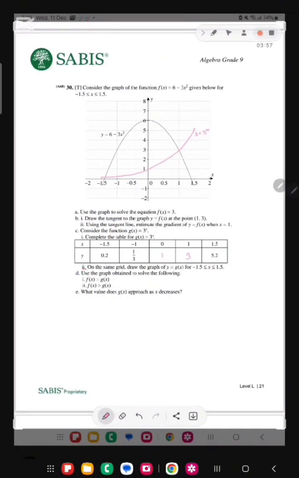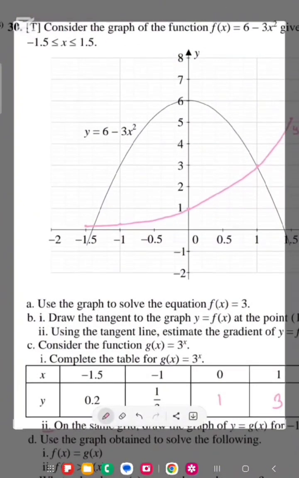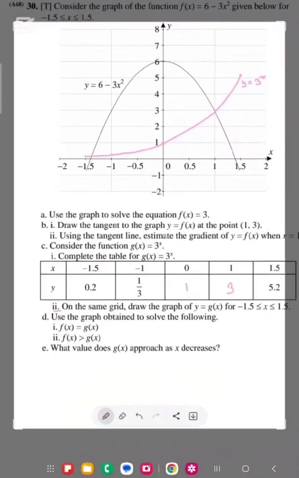Now they want you to solve f of x is equal to g of x. So when are they equal? This is at their points of intersection. Okay, remember that.